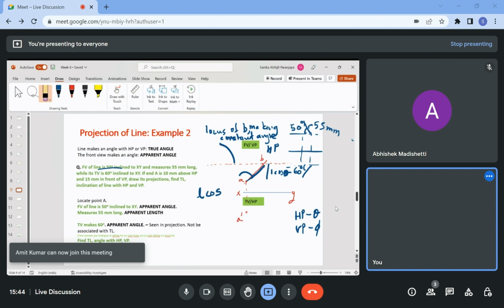So what we did, right now we were somewhere here, we are rotating it here so that the projection of this line is parallel to the XY, and I know that the point B will be tracing a line here.